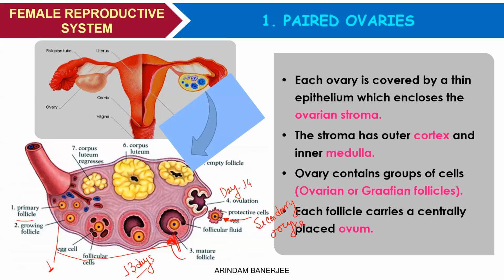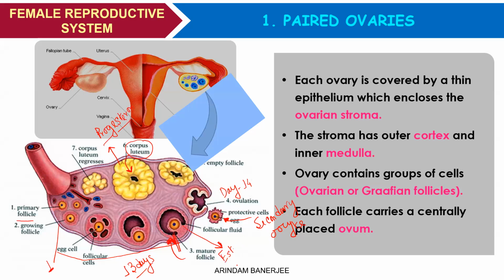From that corpus luteum, as I told you, progesterone is released. And the mature Graafian follicle releases the hormone estrogen.